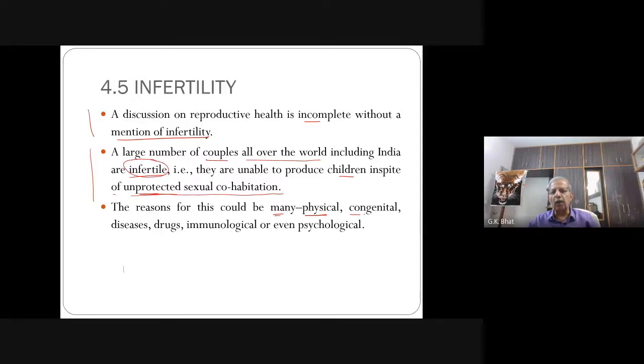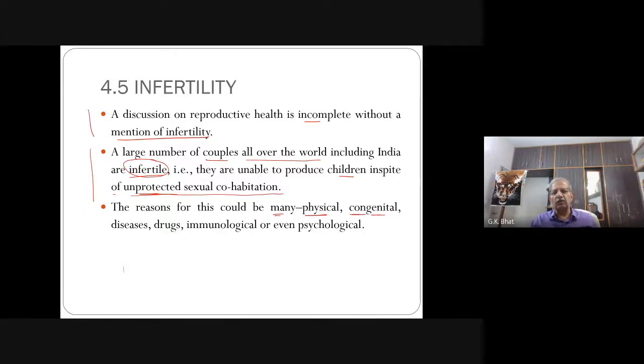Congenital, some problem right from birth. Many times, a female baby will be born with a defective uterus, a defective oviduct, a defective ovary. Right from the birth, before the birth.